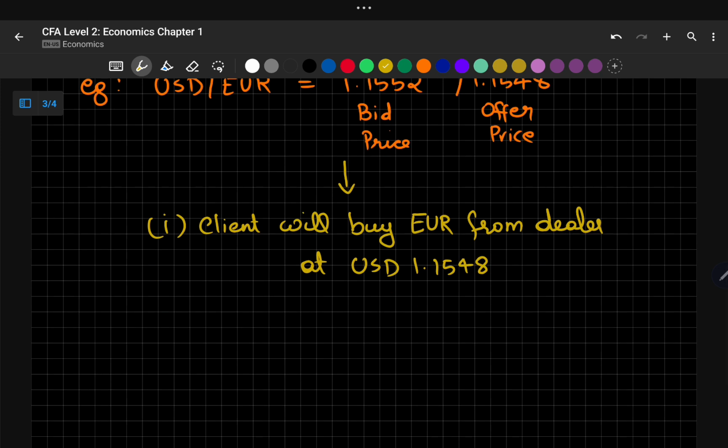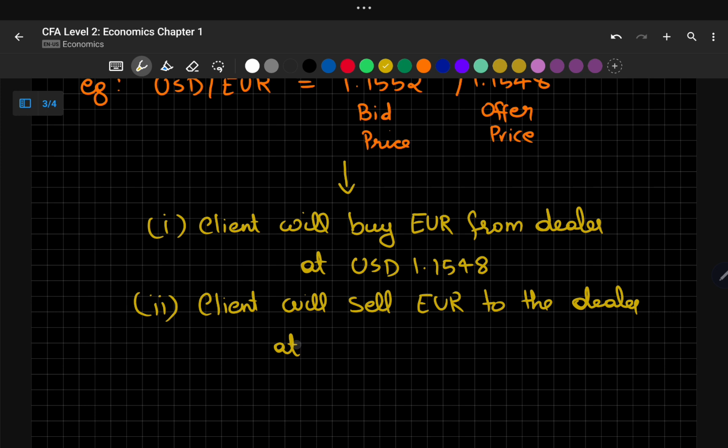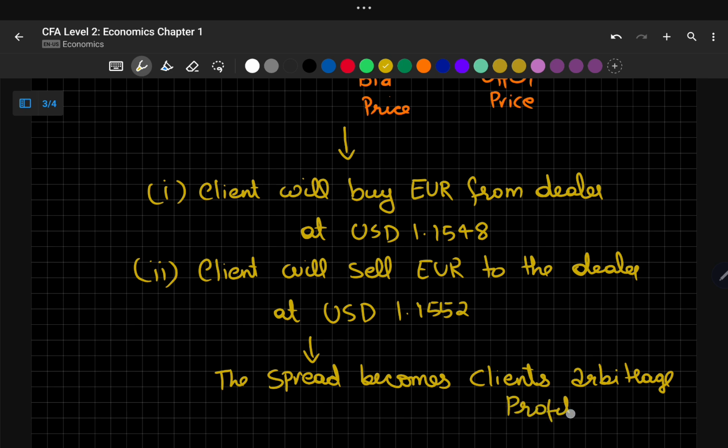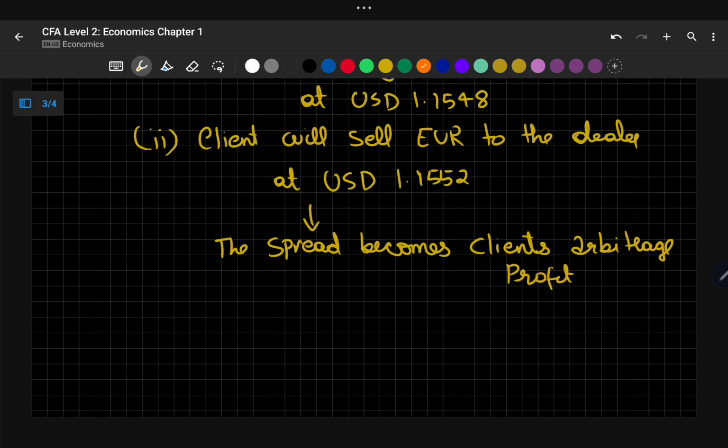1.1548, and then the client will go to the dealer itself, and will sell euro to the dealer at USD 1.1552 and make a profit, and the spread becomes the client's arbitrage profit or the dealer's loss.